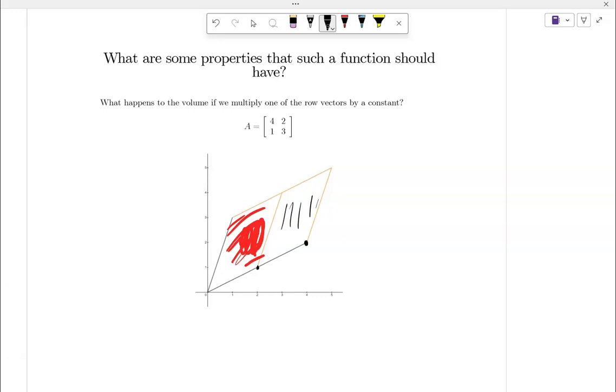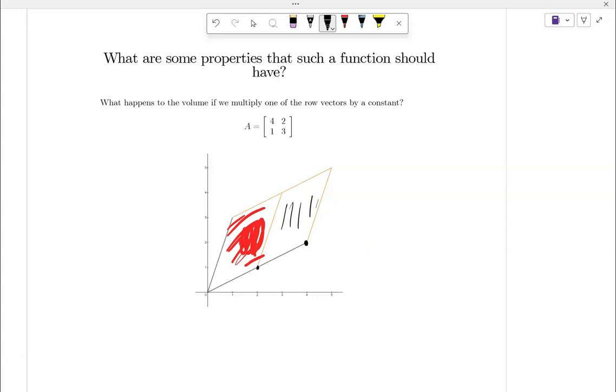They should be equal to each other, right? Because basically all I have done is just taken a copy of the vector 2, 1 and stuck it on the end, right? And made another parallelogram. So relative to the original area, the area of the new parallelogram we just formed is what? Twice as big, right?